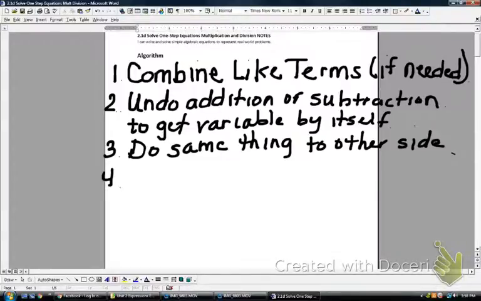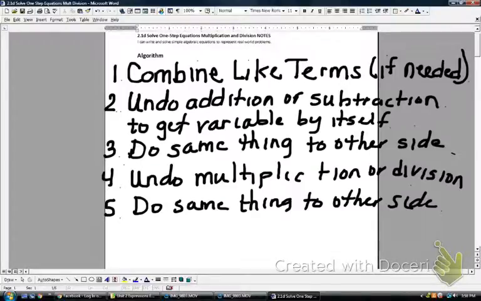Then we are going to undo multiplication and division. And then we're going to do the same thing to the other side. I would make yourself a note. I'm going to make myself a note. Notice that this is kind of the reverse order of PEMDAS. So in PEMDAS, you multiply and divide first, and then you add or subtract next.